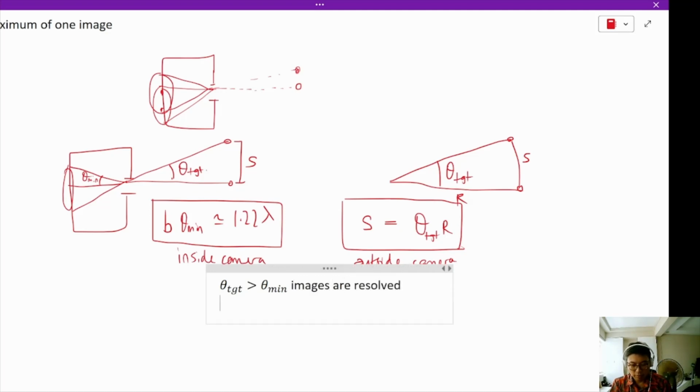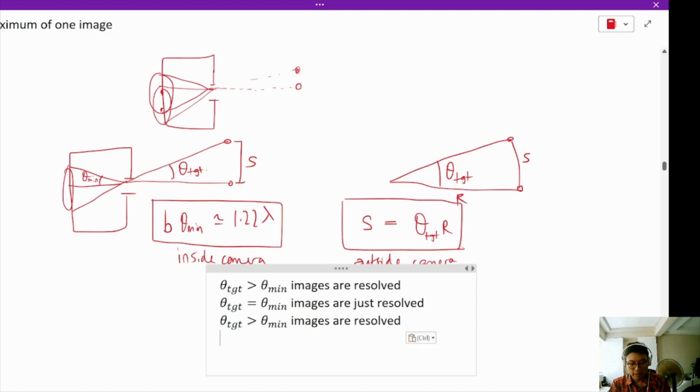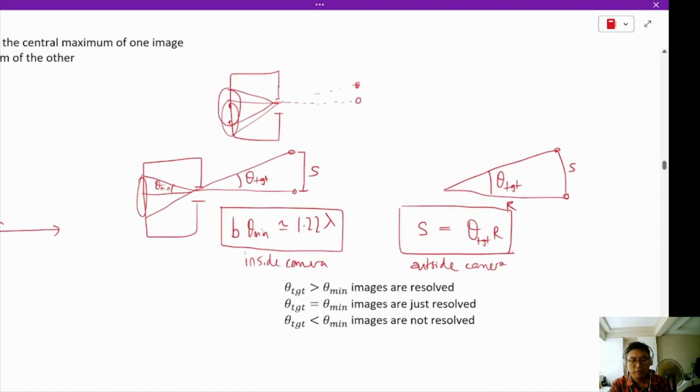Once again, if the theta of the target is equal to the minimum angular resolution inside the camera, we'll say that images are just resolved. And then finally, no prizes for guessing the last one. If the angular size of the target, theta target, is less than the minimum size that can be resolved in the camera, then the images are not resolved.